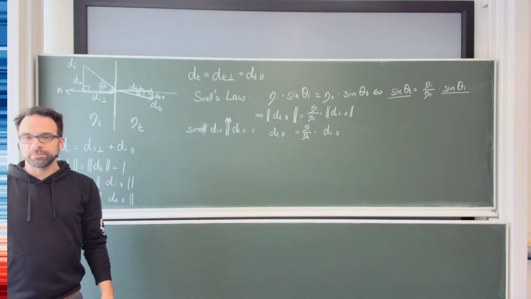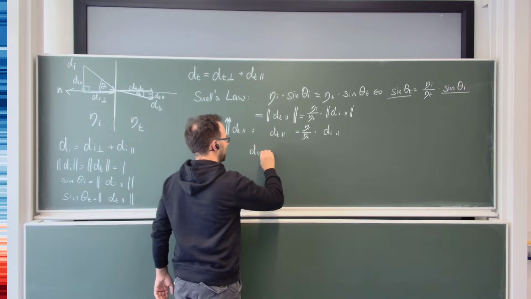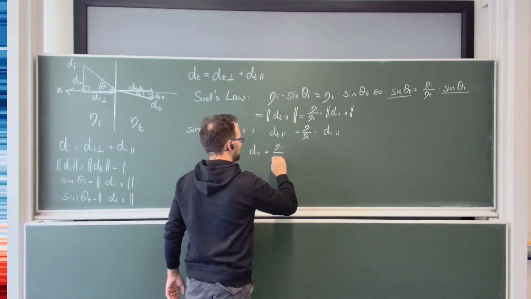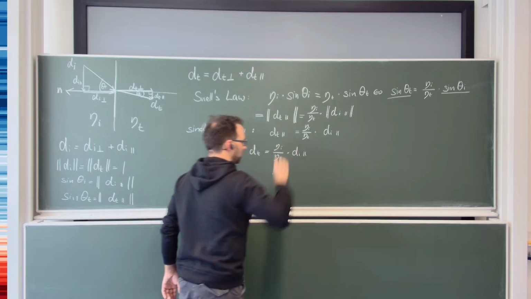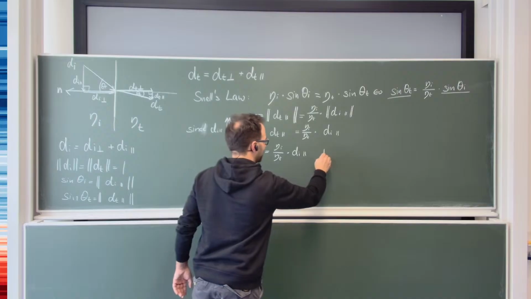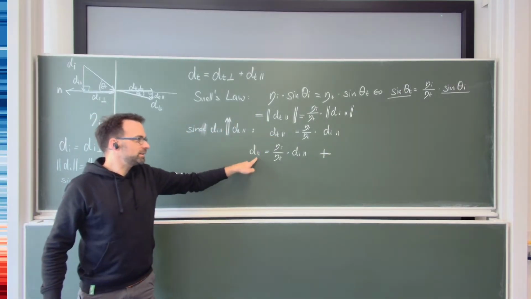How does this help me? How can I say anything about dt if I start here? Is there anything missing that I need to add in order to come from dt parallel to dt?